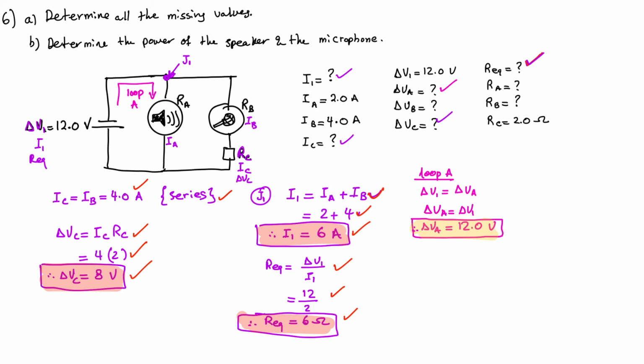I found this one, and as soon as I have 2 pieces of information, because now I have delta VA, I can go ahead and find my resistance there.